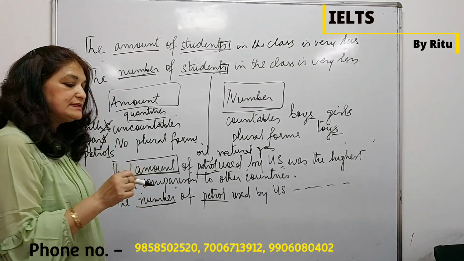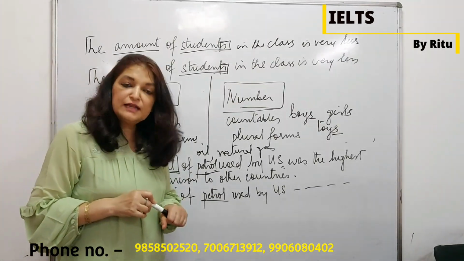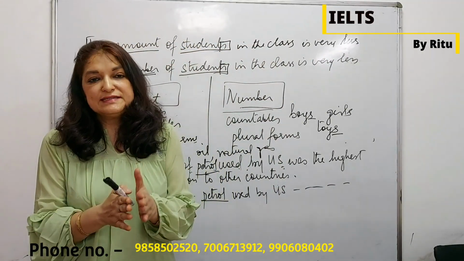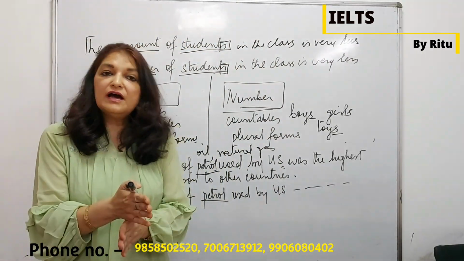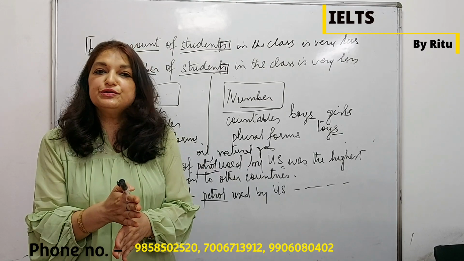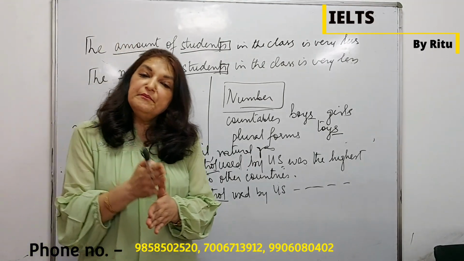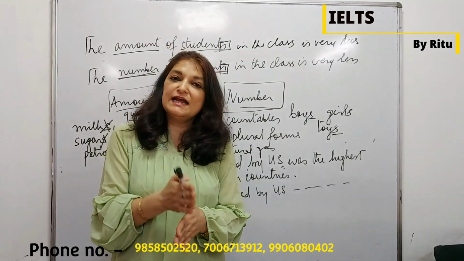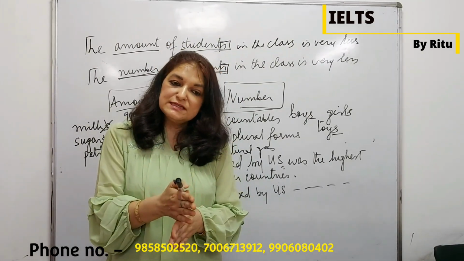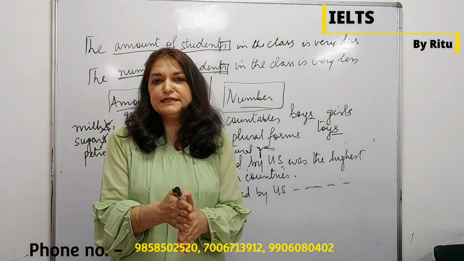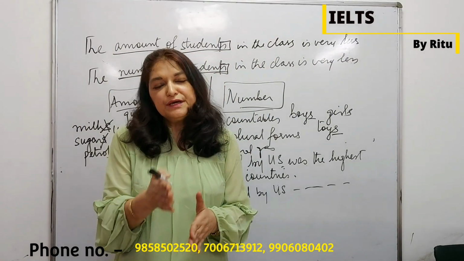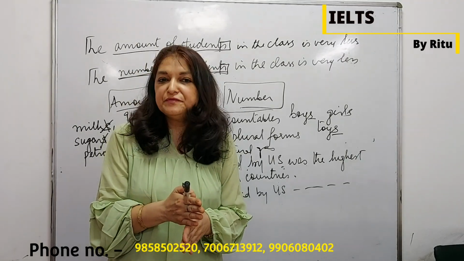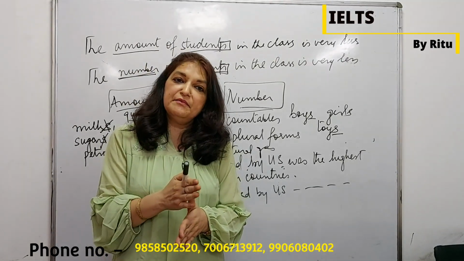So don't forget the difference between uncountable and countable nouns and the correct usage, where I can use amount and where I should use number. Many times when I check students' answers, in the same answer I come across the word amount and in the next sentence the word number, because students have in their mind that I have to use a wide range of vocab. Definitely you get marks.